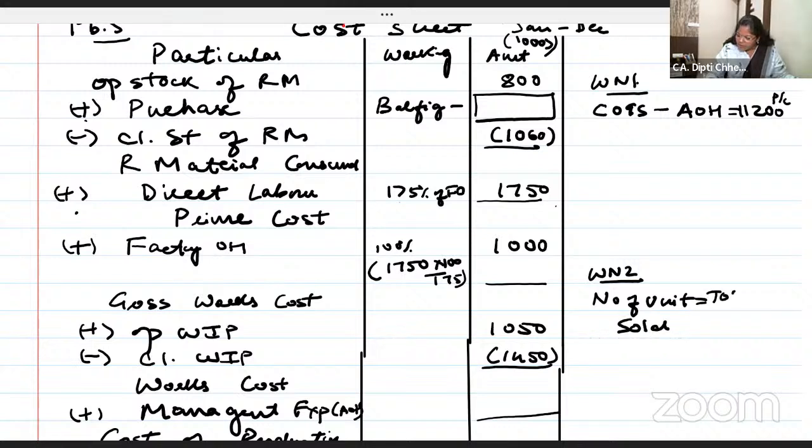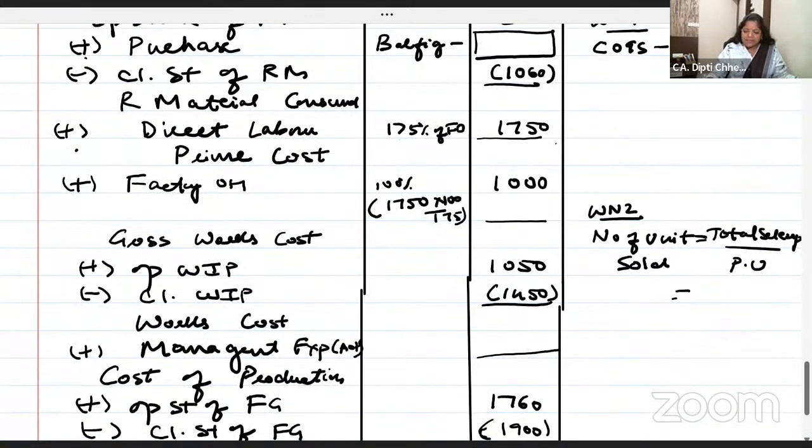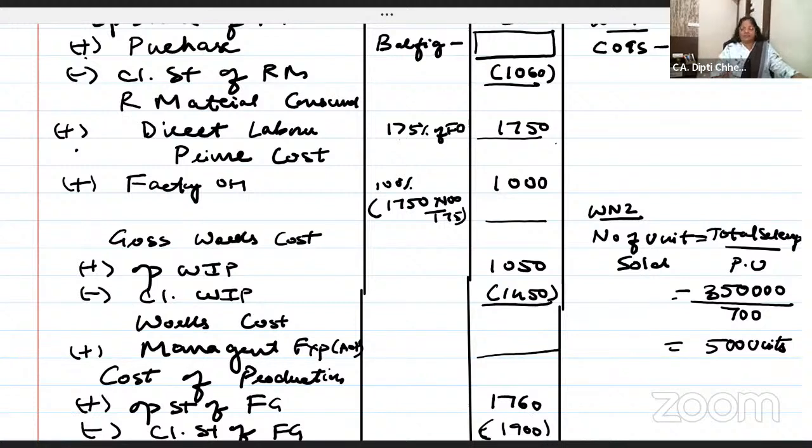How? Total selling expenses are given and per unit is given. Look at the screen. What are the total selling expenses? 3,50,000. Ma'am, you said do it in thousands. Yeah, but this working is to get the exact figure. And per unit selling expenses is given 700. 7 5s are 35. 500 units are sold.